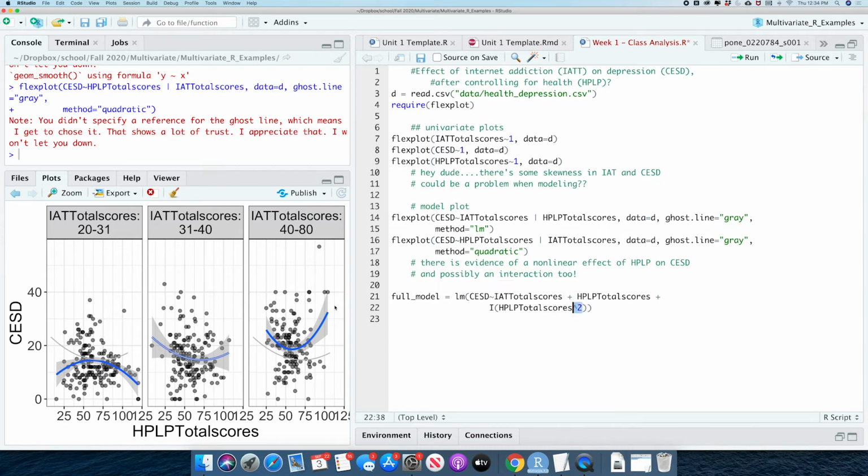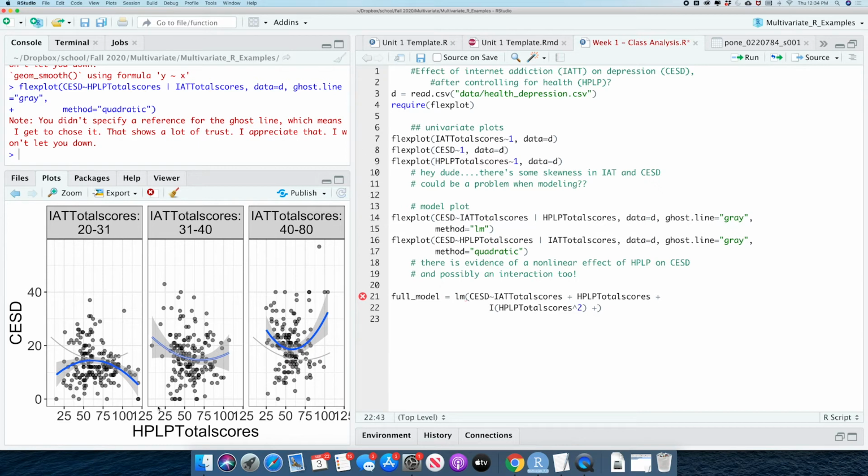It would be nice if you could just type that without the I, but R requires you to put an I, and that's just R telling you in advance, by the way, the squaring that I'm doing, I need you to actually square the variable. Create a new variable that is HPLP scores, that is just the square of the original variable. And so that right there will take care of the bendiness, but look what's happening. We've got a bend going up here and here, but a bend going down here.